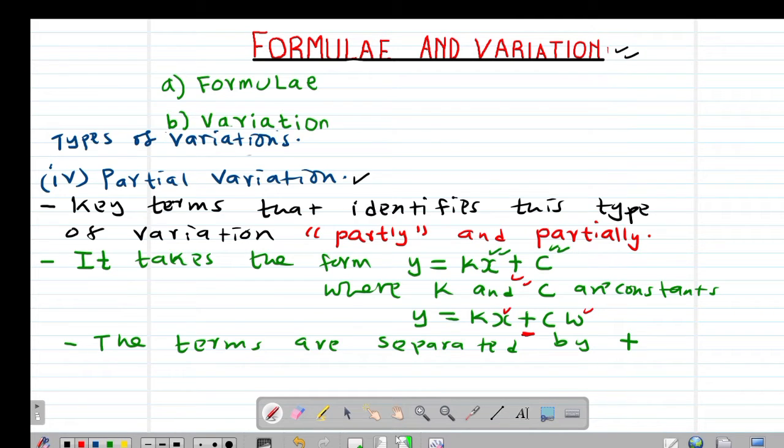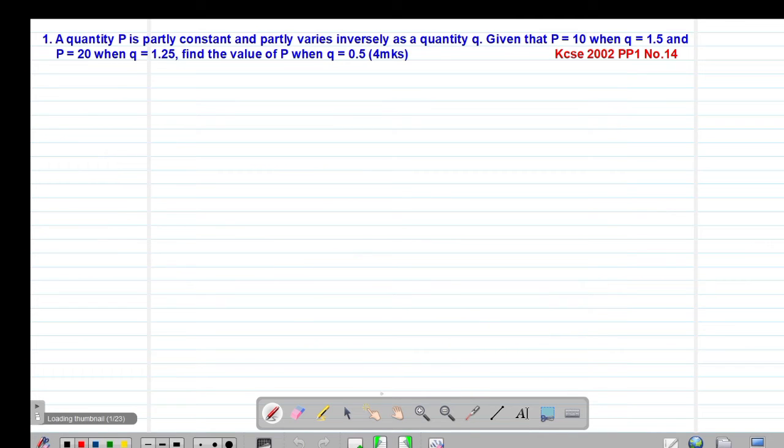So maybe to understand better, we can look at an example so that we can understand what we mean by a partial variation. This is a question which was tested in KCSE 202, paper 1, question number 14. It reads that a quantity p is partly constant. So the word partly simply means that you are dealing with partial variation.